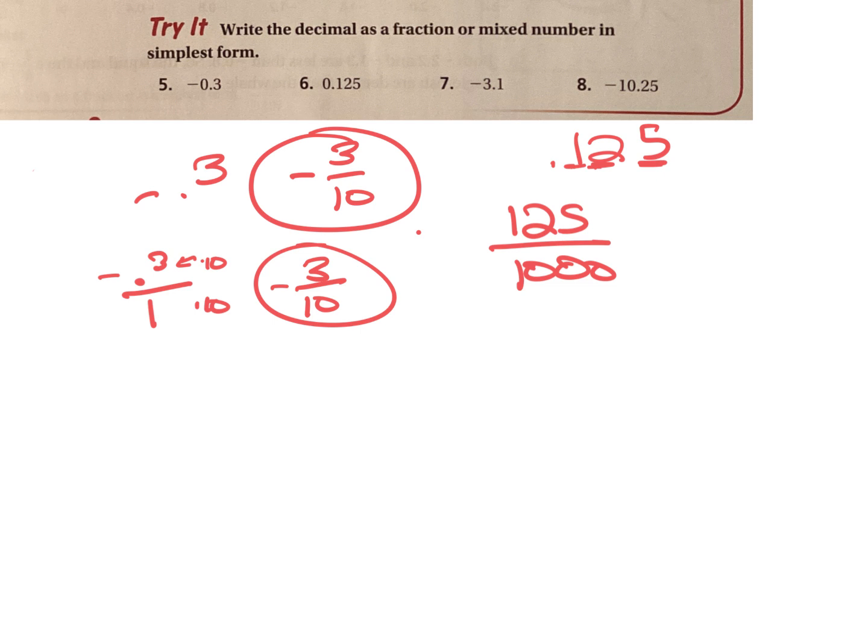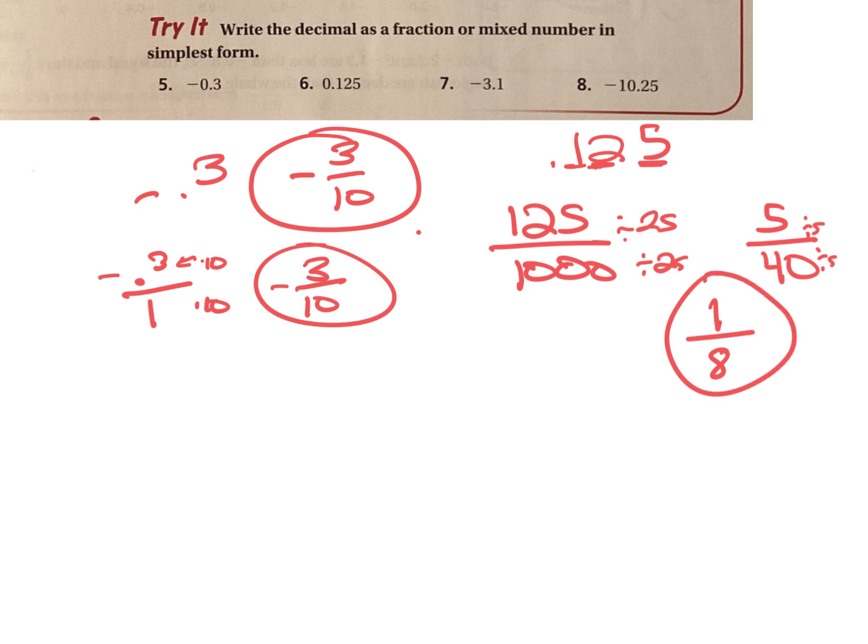And I know 25 goes into both of those. So I'm going to divide each side by 25, the top and the bottom. That gets me 5. And 1,000 divided by 25 gets me 40. Now I know that 5 can go into each of those. So I divide each side by 5, and it gets me 1/8.